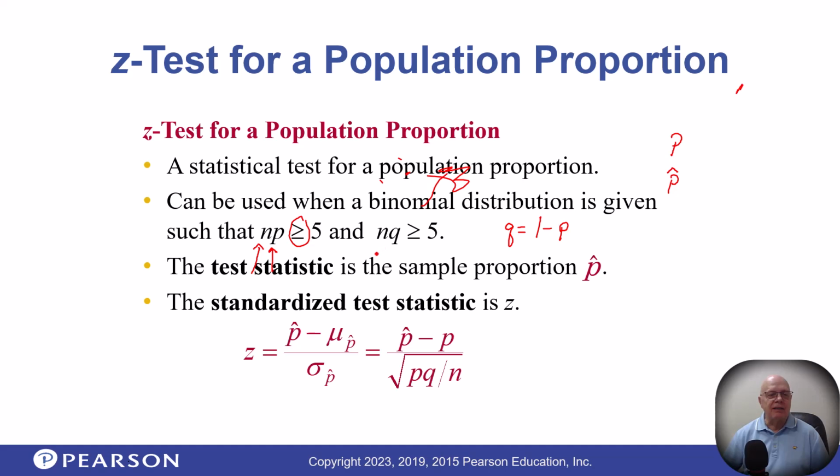You might recognize some similarities in calculating z values before. Before you had something like x bar minus mu over the standard deviation divided by the square root of n.